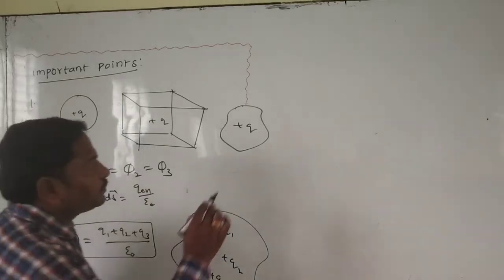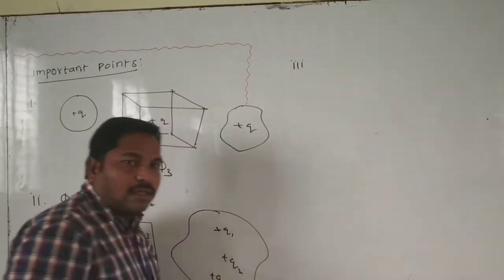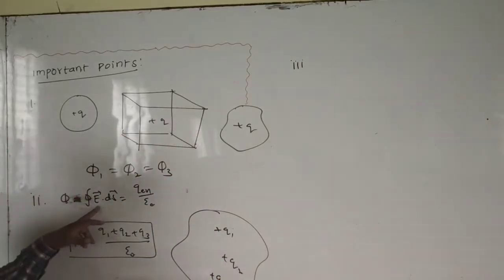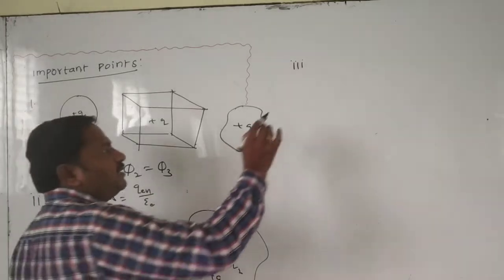Next one, the third point. In the Gauss law expression, this is the electric field due to all the charges, meaning inside charges and outside charges.